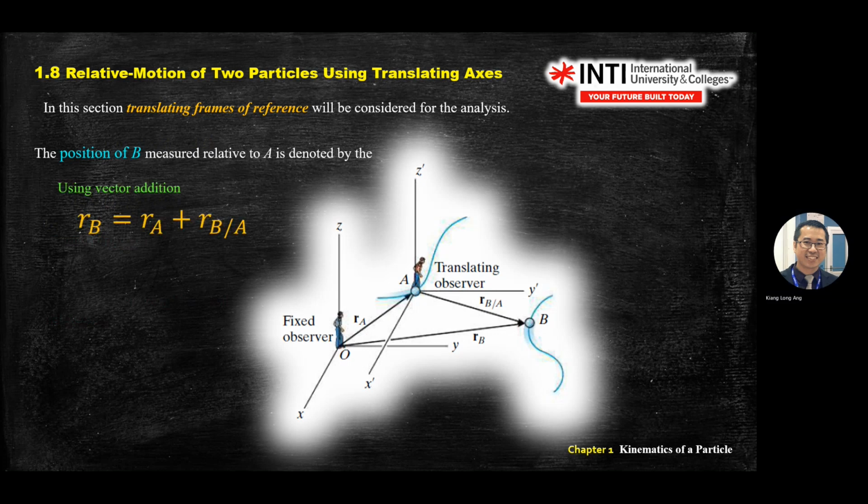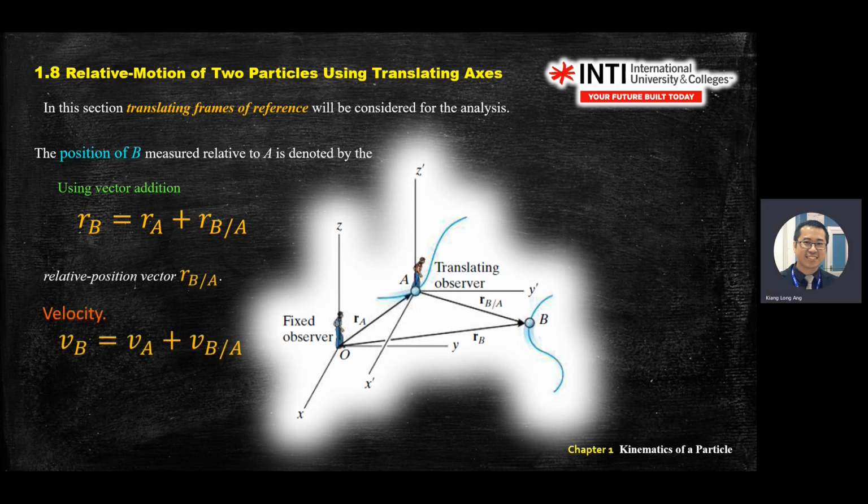Okay. So again, using vector, RB equals RA plus RB stroke A if you form the vector triangle. But most of the time, if you hold RB stroke A, you move RA to the left, you get RB minus RA. Okay. So R is a position. So how do you get velocity?